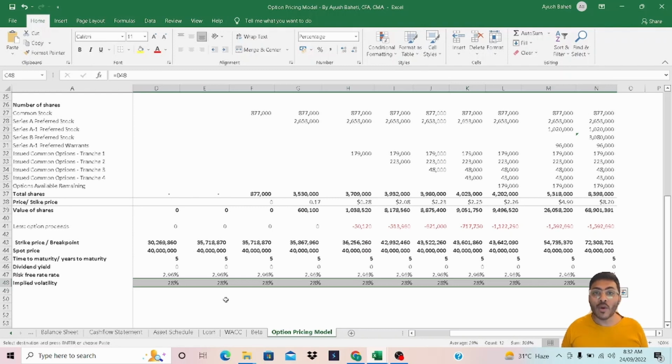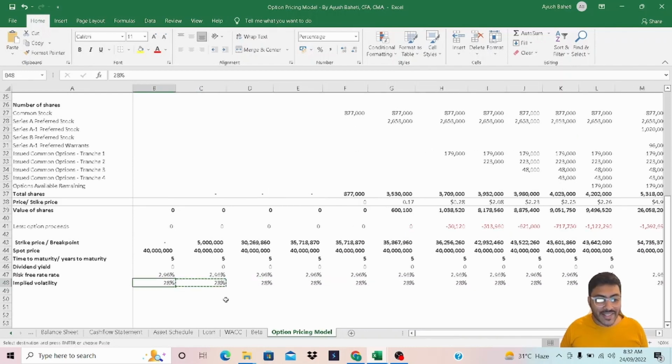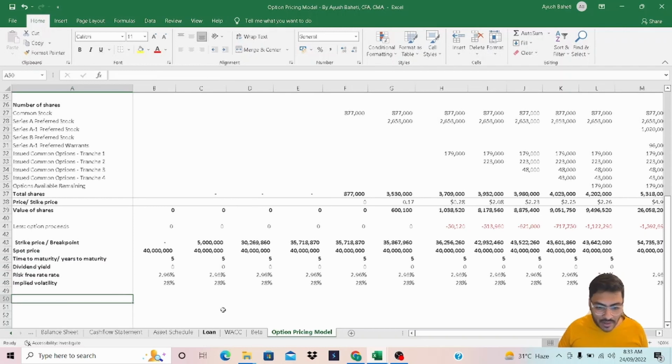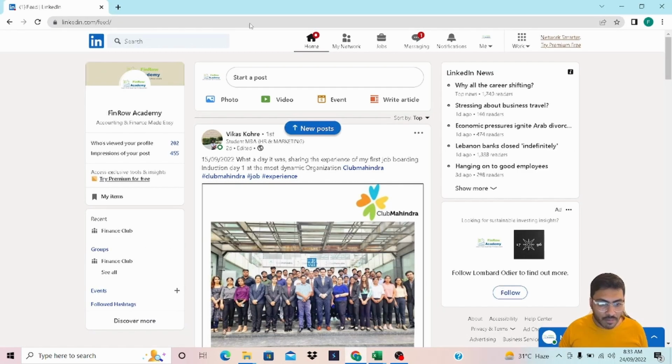And to arrive at the discount for lack of marketability, I am going to use the Black-Scholes model. So there I will explain how I will arrive at each of the Greeks. But in this video, all the Greeks are taken as given. Okay, so we have all the Greeks in place for calculation of the call option. Now let's look at the formula for the BSM model.